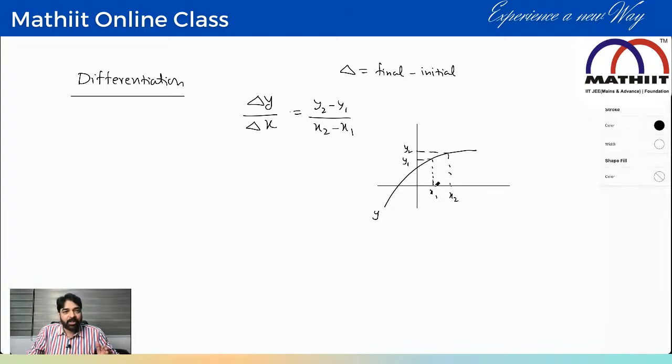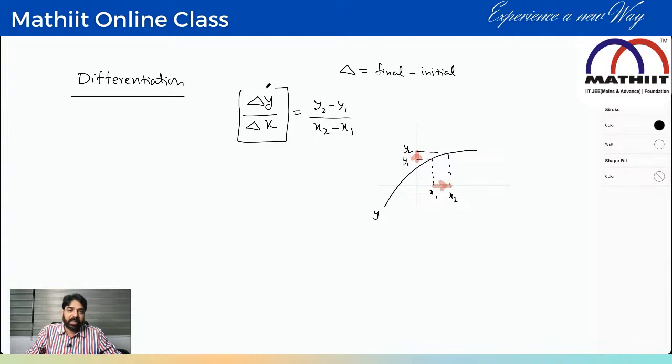So as x changes from x1 to x2, y changes from y1 to y2. It's not necessary that whatever length x changes, the same length y will change. But when x changes, only then y changes. So at what rate y is changing is represented by delta y by delta x, the rate of change of y with respect to x.